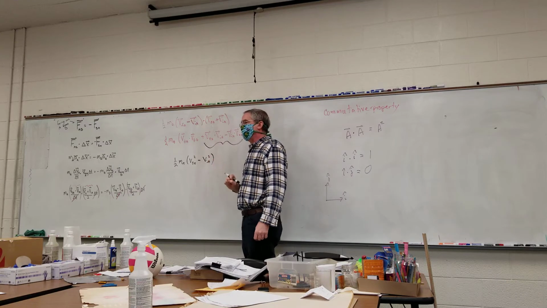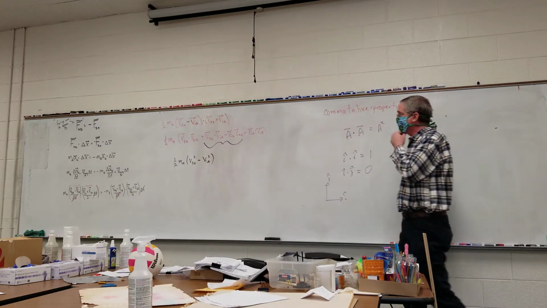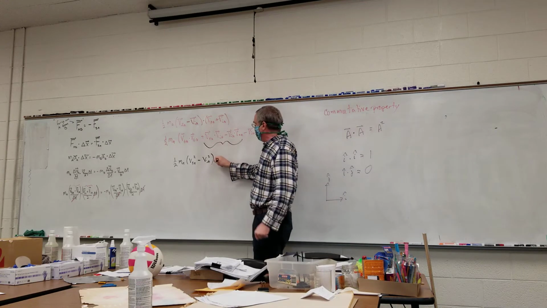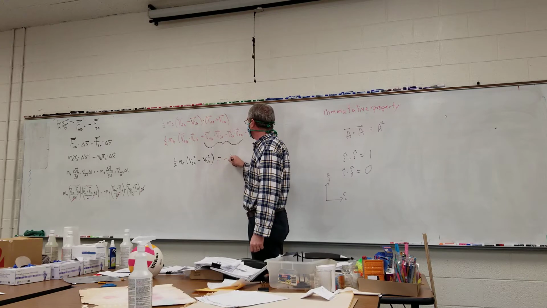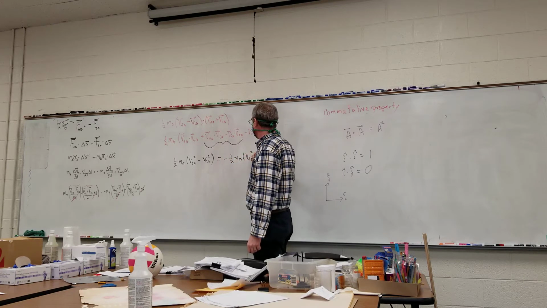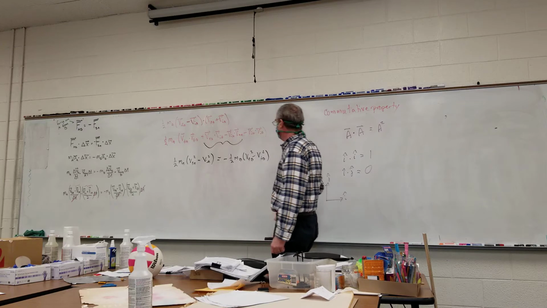The vector symbols have disappeared on purpose because it is a dot product, or a scalar product. On the right-hand side, I have negative 1/2 MB times VFB squared minus VIB squared.